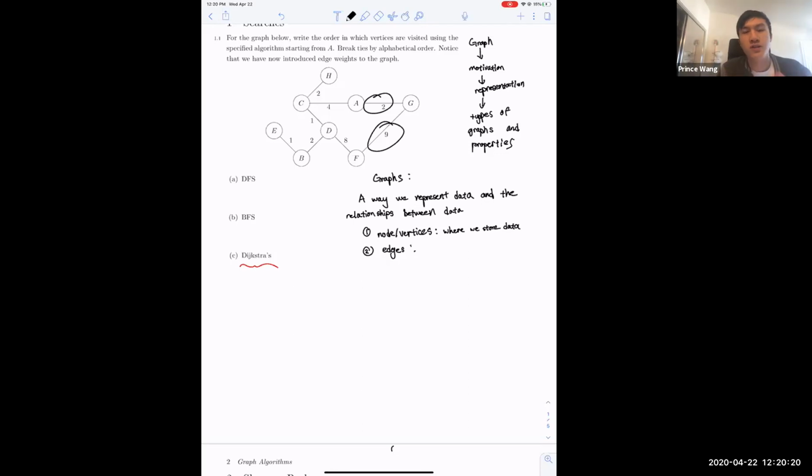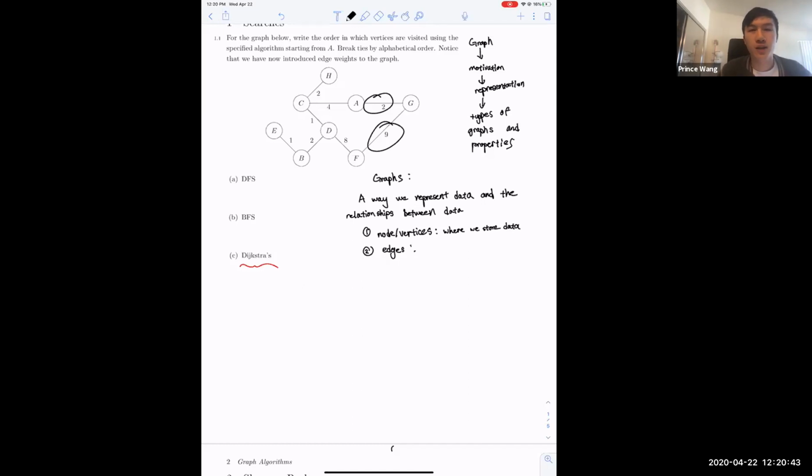So the motivation is as such. Imagine you're a governor in California, and you want to figure out the fastest way to travel between cities, say from Cupertino to Sacramento, or from Berkeley to LA.